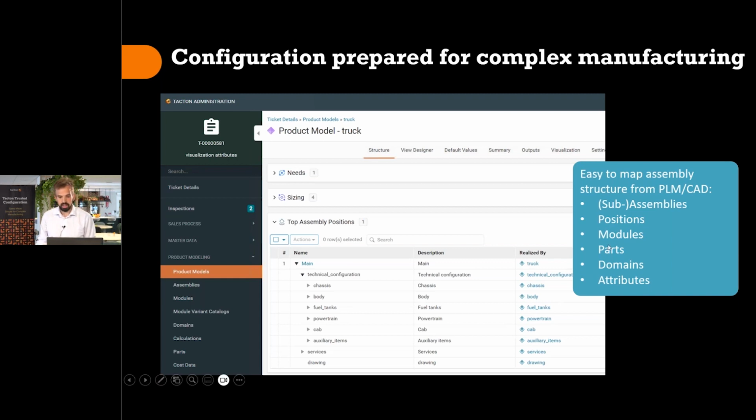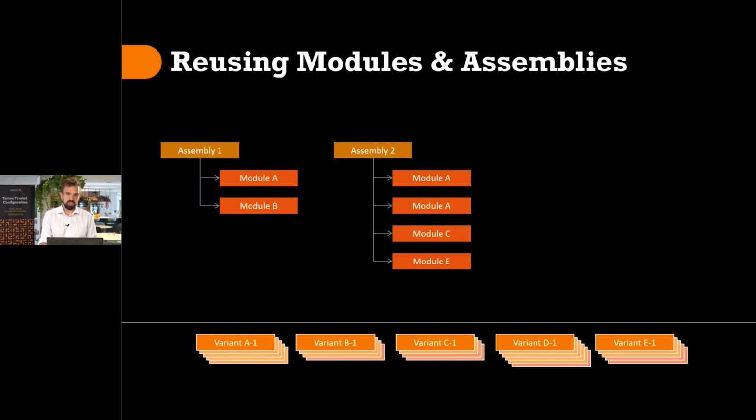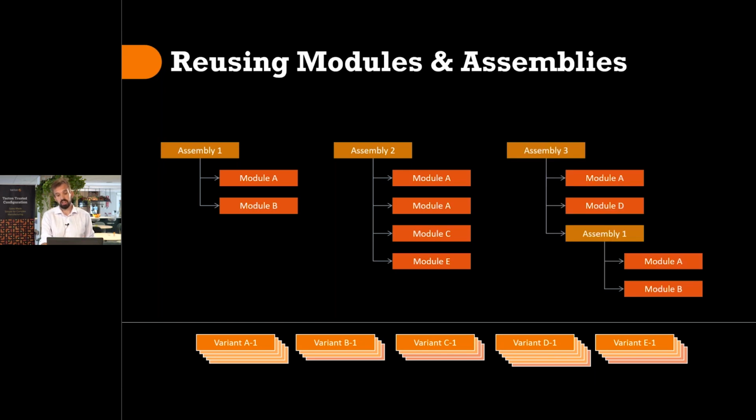And we do it by talking about assemblies, which is the configurable product in our system. We have positions in that assembly that decide what goes where, and we have the modules, which are the building blocks in the end, where you pick from to build the final product. What this gives us in terms of maintenance and reusability is that, if you have certain parts or variants, you can reuse the modules in different assemblies within our current solution today.